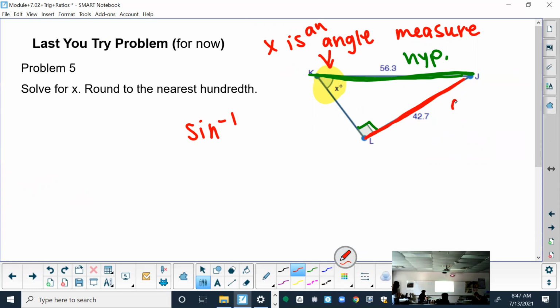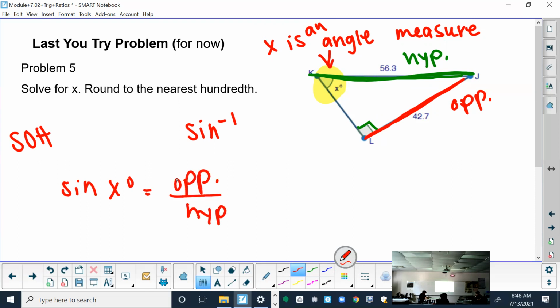Good, it's opposite to the angle that we're looking at, opposite to angle F. Questions about that? All right, that's how I know I'm using the sine function, because it's opposite over hypotenuse. So here's the definition of the sine function.